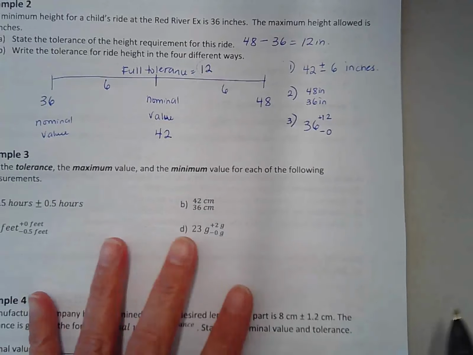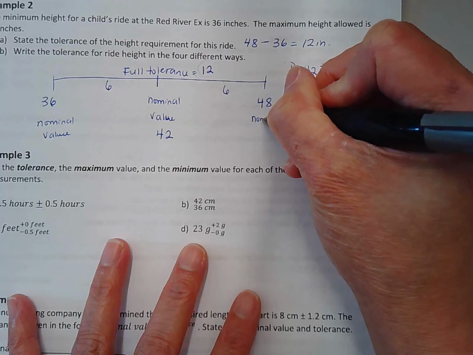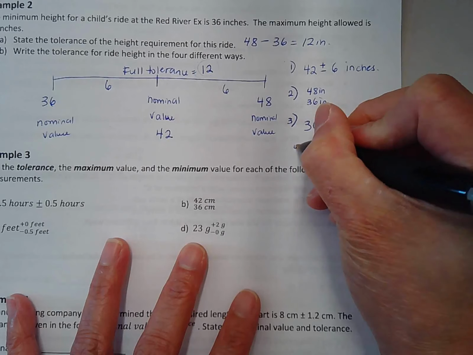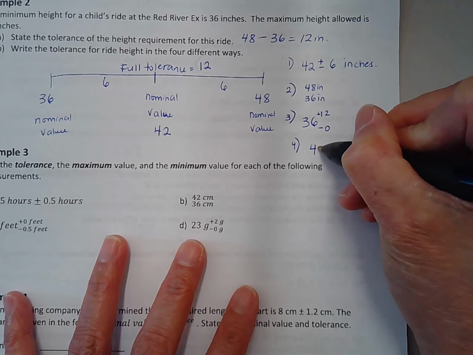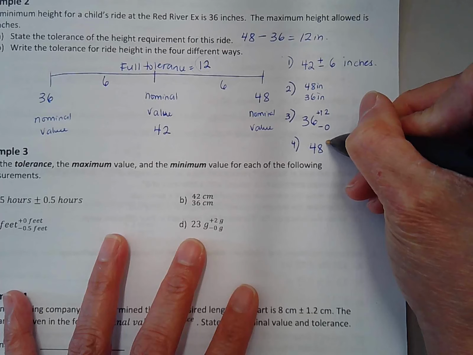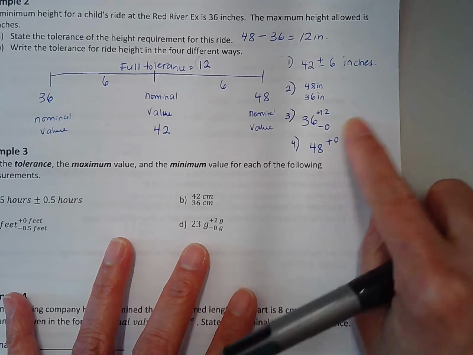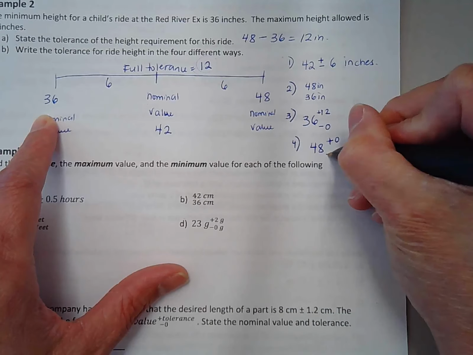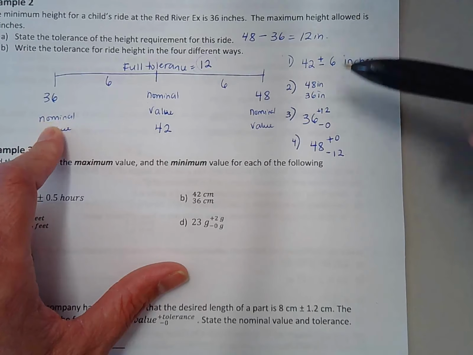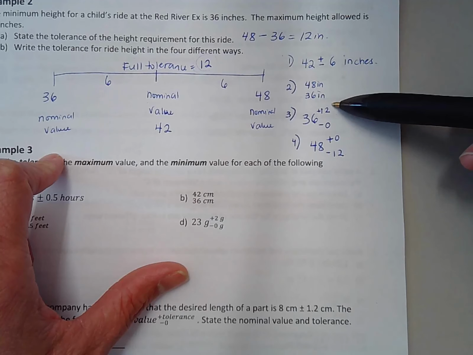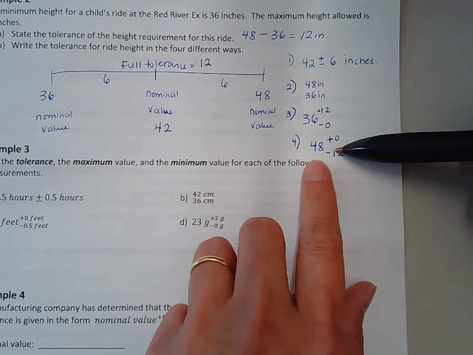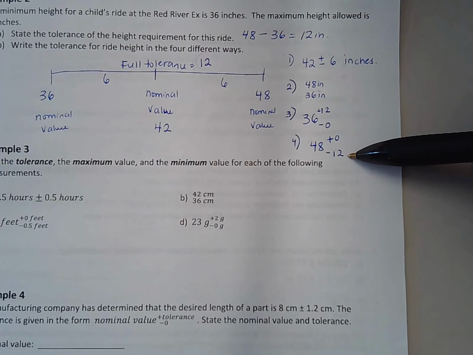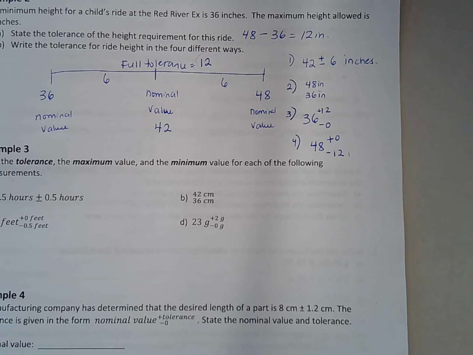So this is now the nominal value. It's at 48 plus 0, because we can't go any more, and then minus 12. So 36 plus 12 minus 0, and this one here is 48 plus 0 minus 12. Is that okay?